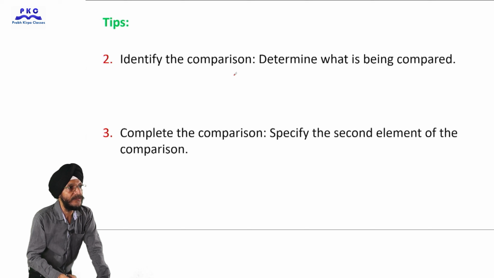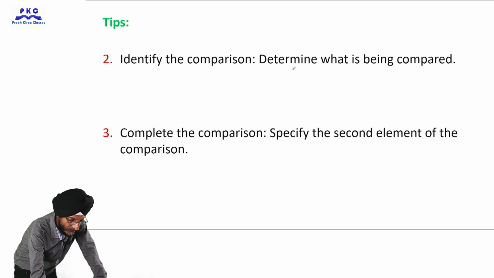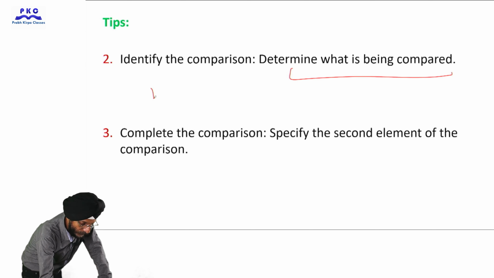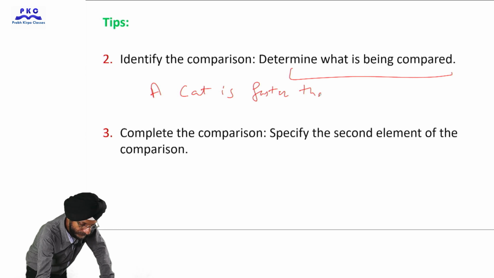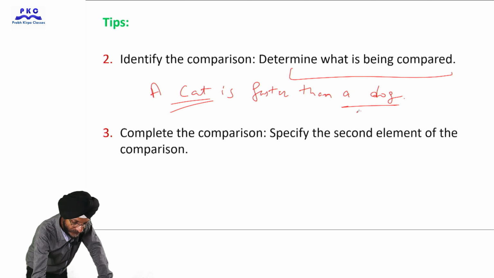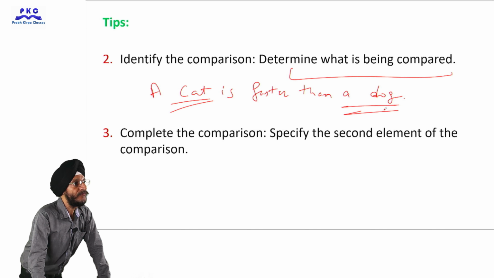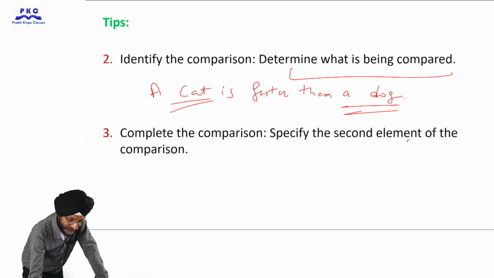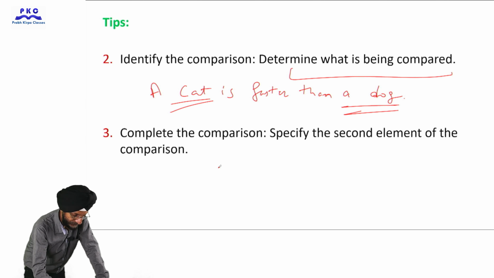Identify the comparison. Determine what is being compared. We take the example, a cat is faster than a dog. Here the comparison is being made between a cat and a dog. Complete the comparison. Specify the second element of the comparison.